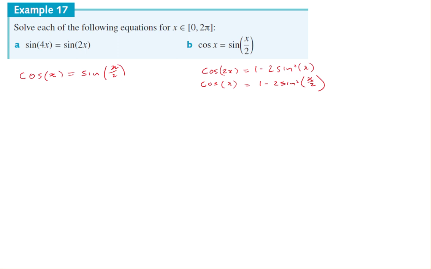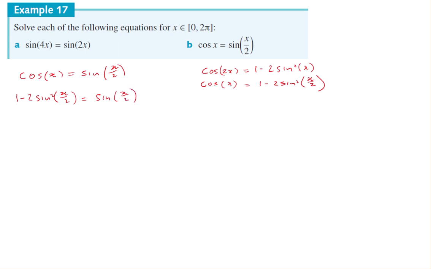All right, so where does that actually lead? What we can do is, if we go with our b, if we sub in for our cos x, then we'll have 1 minus 2 sine squared x on 2 equal to sine x on 2.